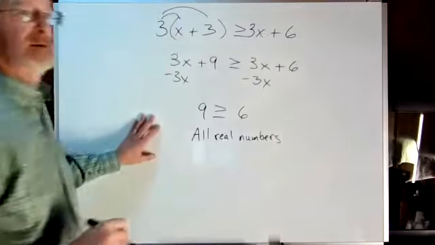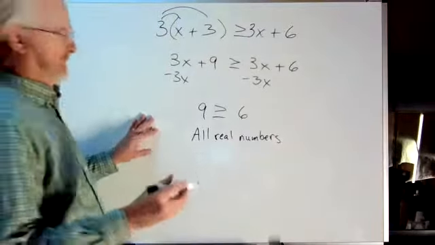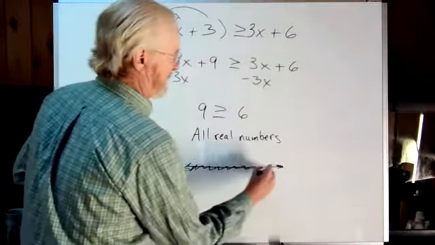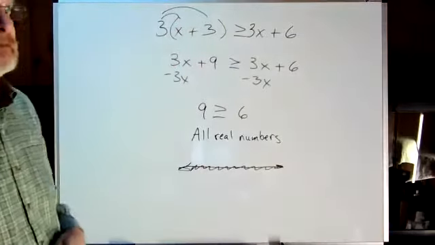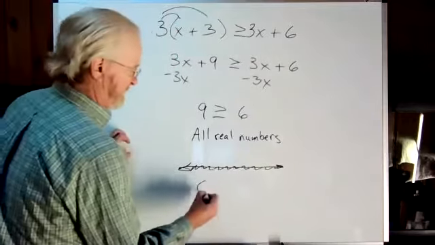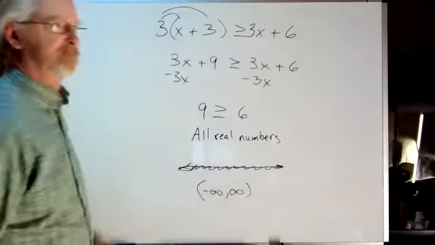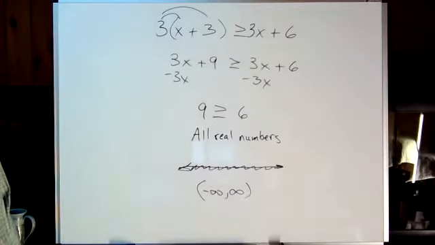Any real number would work for x. On your graph, you have to graph the entire line. And in interval notation, everything from -infinity to infinity. So any number's going to work.